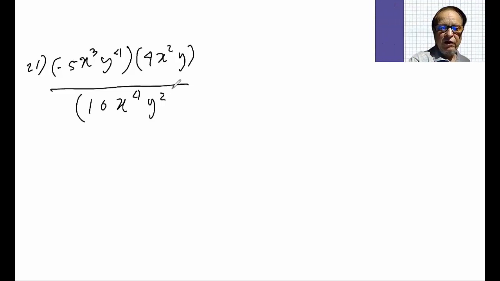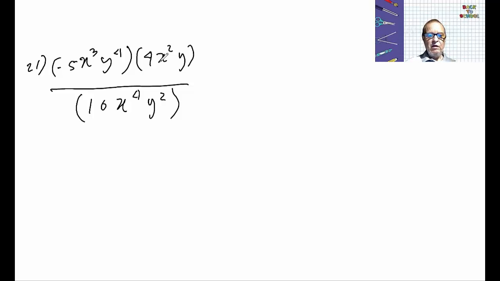I'll put that in brackets. So 1, 2, 3 monomials here. But we go about this the same way because here we'll probably have to use the product rule and the quotient rule to complete this one.